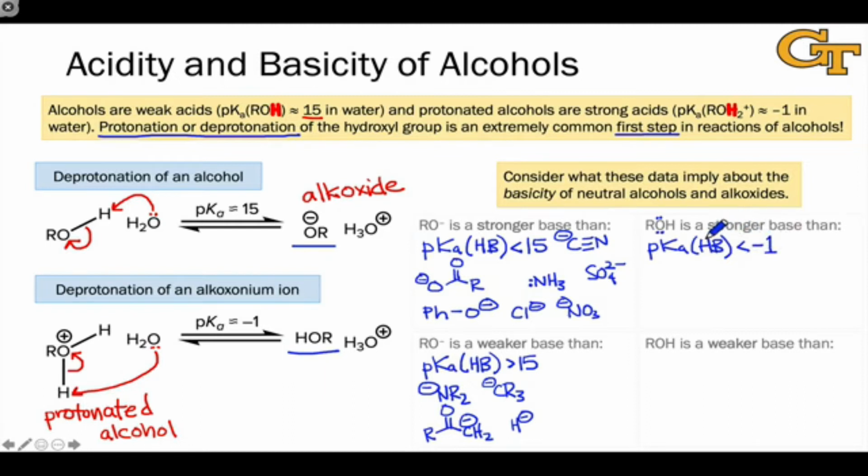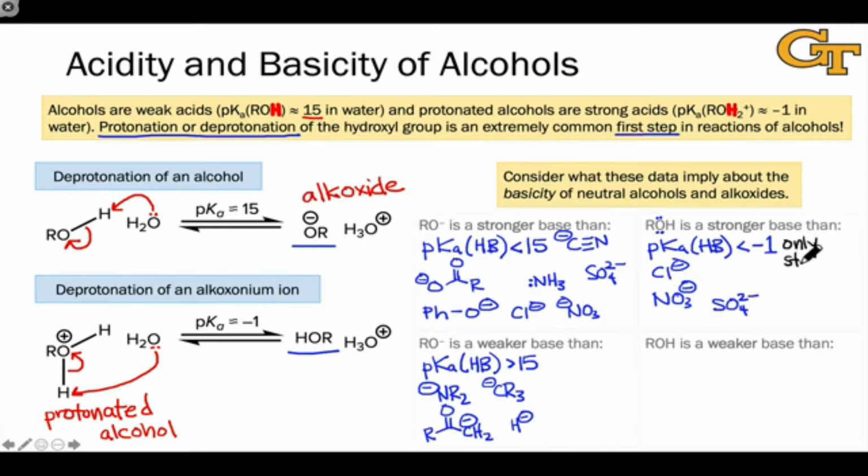If you think about this, it's actually a very limited set, right? What acids have pKa less than -1? Well, that would be something like HCl, Cl-, nitric acid, HNO3, conjugate base NO3-, sulfuric acid, H2SO4, whose conjugate base is HSO4- or SO4 2-. Really, ROH is only a stronger base than the conjugate bases of strong acids. And the important conceptual conclusion of all this is that only strong acids can protonate neutral alcohols.